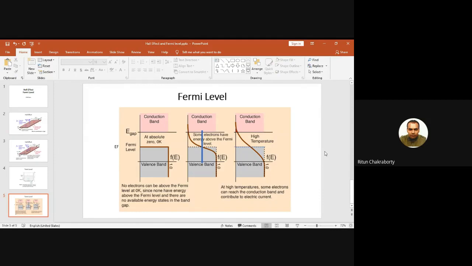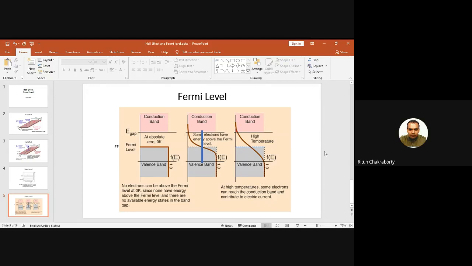That is the energy eigenvalue that electrons can have while occupying energy states in the valence band or conduction band. You know that electron energy values are quantized, right? Electrons can't have all energy values; they only occupy discrete, quantized energy values, which you might have learned in quantum mechanics also.